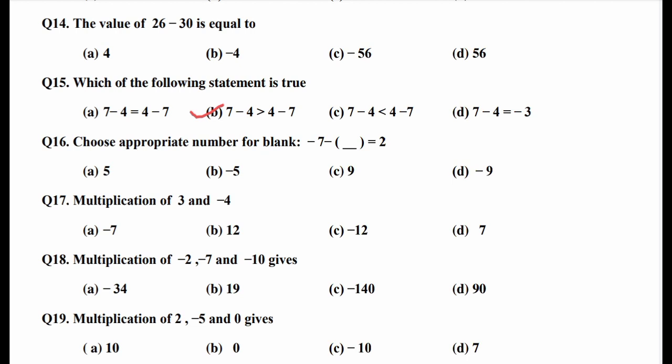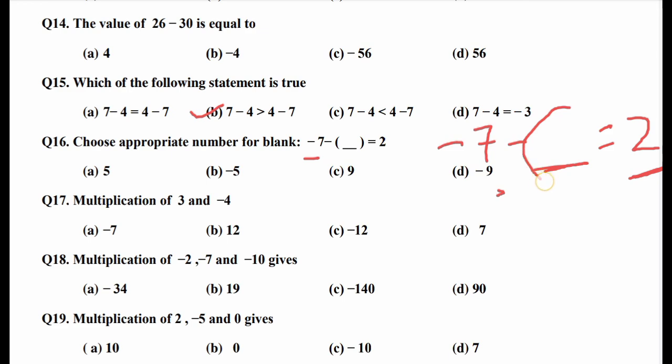Question number 16. Choose the appropriate number for the blank. Minus 7 minus dash is equal to 2. And here, first of all, we have minus 7. Then we have to subtract one number to get this answer 2. But this number is smaller in comparison to this 7.